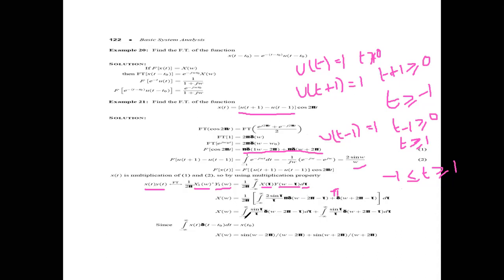So X of omega is equal to the integral from minus infinity to infinity of 2 sine tau by tau, and here the pi is there for the first term. Pi and pi get cancelled, and the 2 is also there in the first term, so 2 is also cancelled. So for the first term we get sine tau by tau delta omega minus 2 pi minus tau.